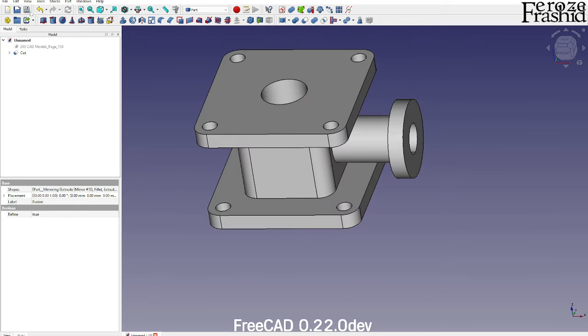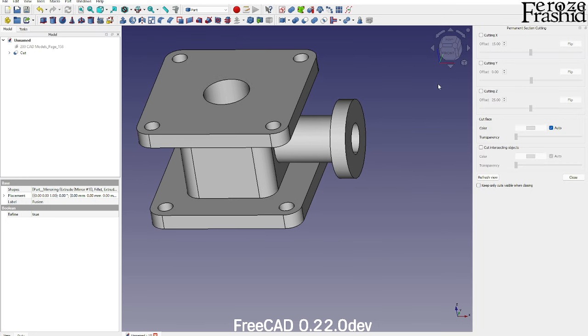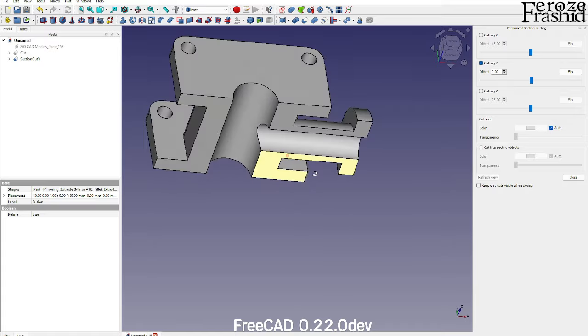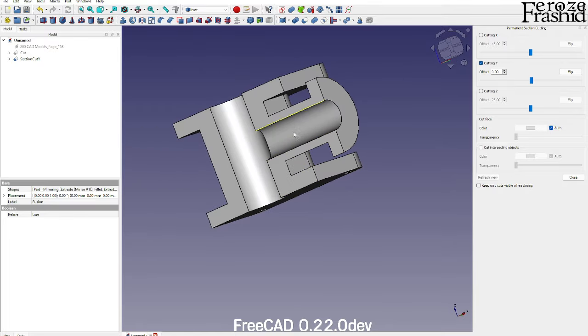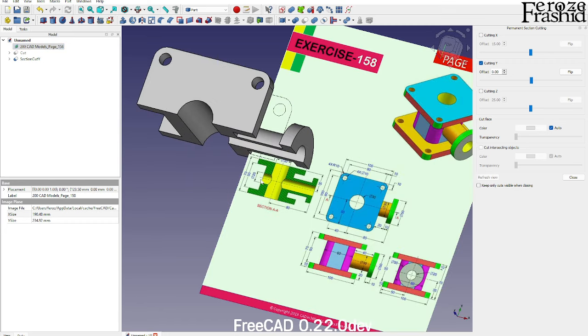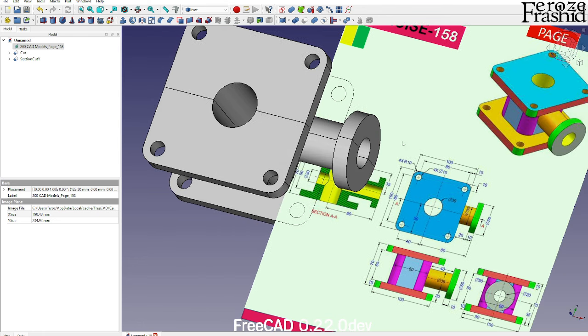Let's take a look at it by viewing the persistent section cut. And yep, that is our object. It does look like our this cross section. Oh dang, it goes back. Not a problem.